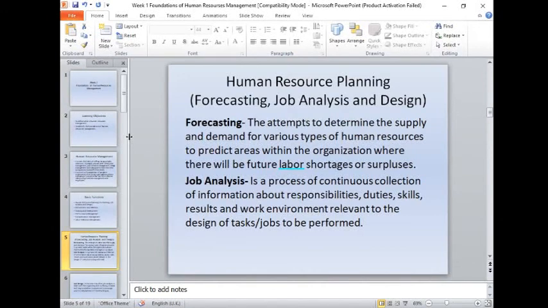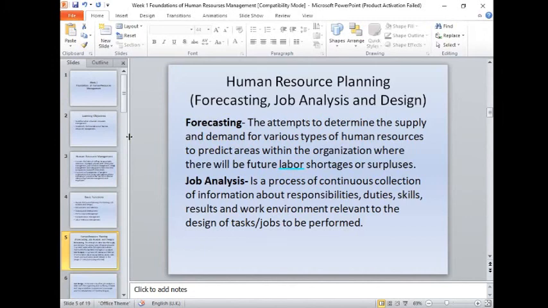The job analysis, after we forecast, is the process of collecting or gathering information about the duties and responsibilities, or the tasks to be performed by a particular job position, and also the qualifications in terms of skills and talents needed to perform a job, and the working environment in which to perform the task.